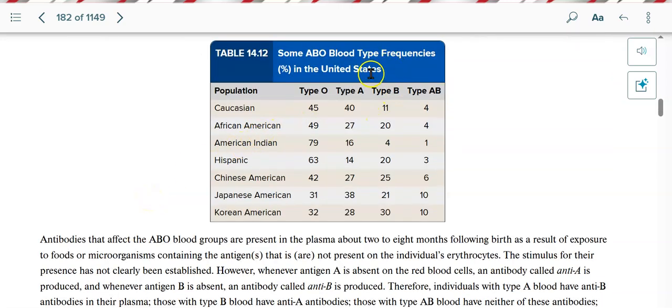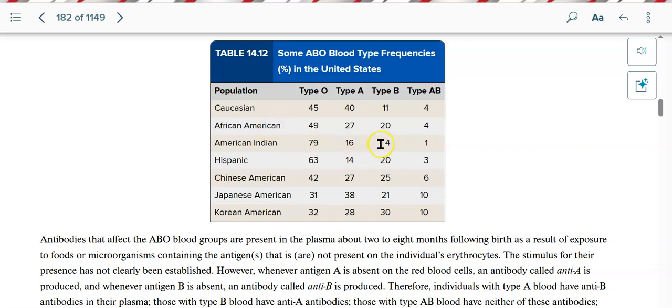So blood type frequencies in the U.S.: typically you'll find about 45% of Caucasians will have type O blood, another 40% will have type A, only 11% with type B, and only 4% with type AB. Type B is more common in African Americans.